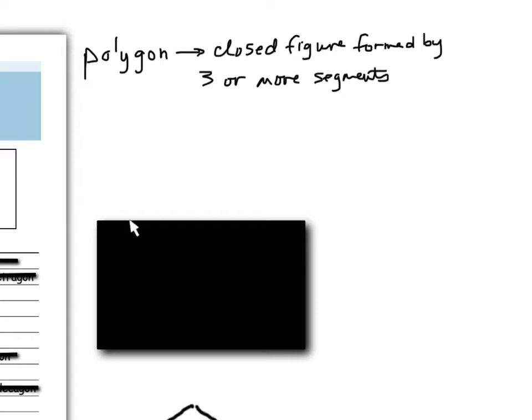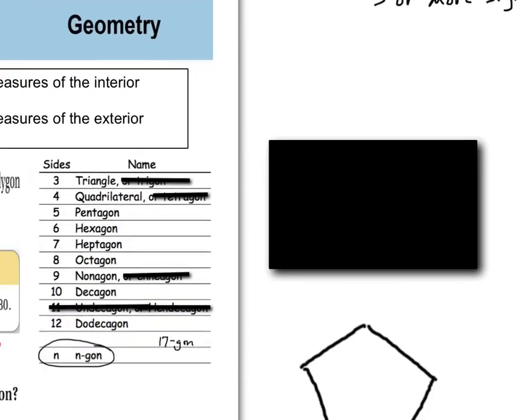We have 4 sides in the figure, and they're all closed. And what it means by closed is that all of the end points of the sides intersect. A not closed figure might look like this. That's a not closed figure. Not all the segments intersect with each other or meet. So a polygon is a closed figure formed by 3 or more segments.